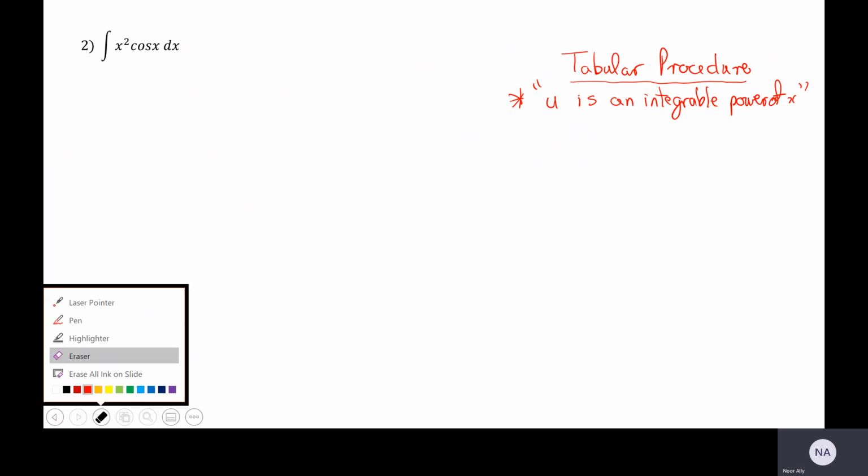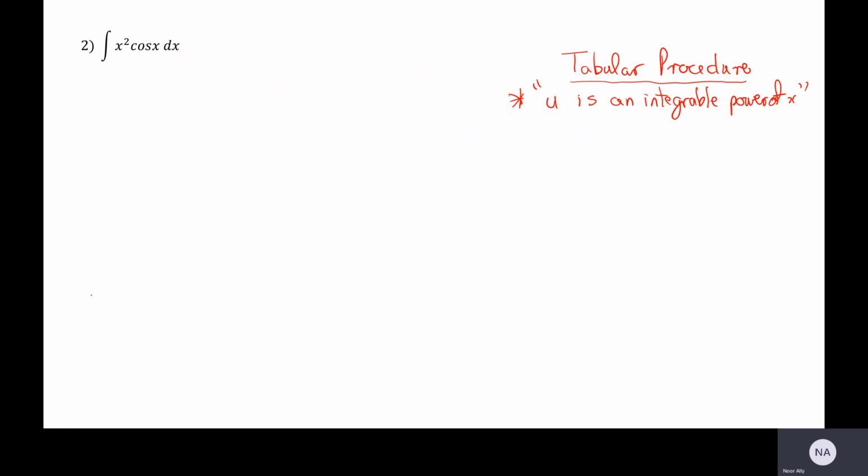Now, the procedure is very, very simple. What you do is form a simple table. U and our dx.